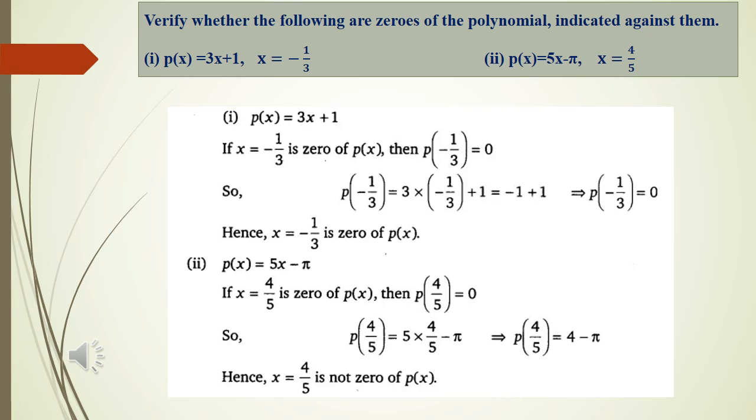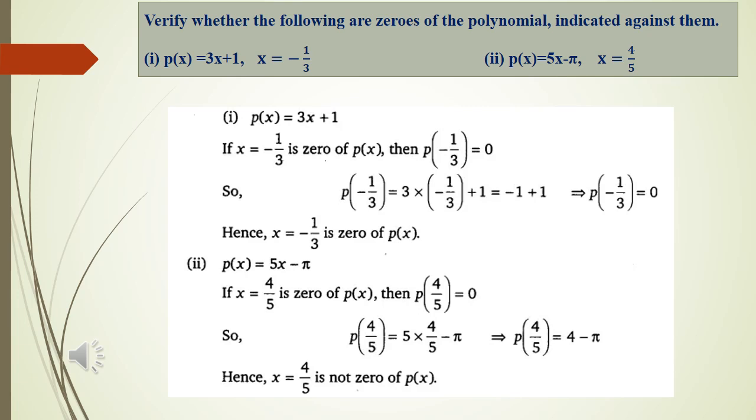So, in the first term, 3 and minus 1 upon 3, when multiplied, the result is minus 1. The last term is constant. So, finally, we will have minus 1 plus 1 and the result is 0. So, we can say that minus 1 upon 3 is 0 of p of x is equal to 3x plus 1.